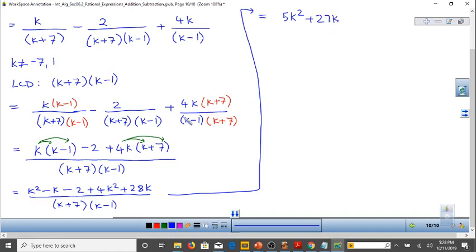And negative 2 has nothing else there, so we have minus 2. Now we can try to factor that, but we'll get stuck because you can't find two numbers that multiply to negative 10 and add up to positive 27. So we're just going to leave it like that. And the domain restriction is k is not allowed to be negative 7 nor 1.